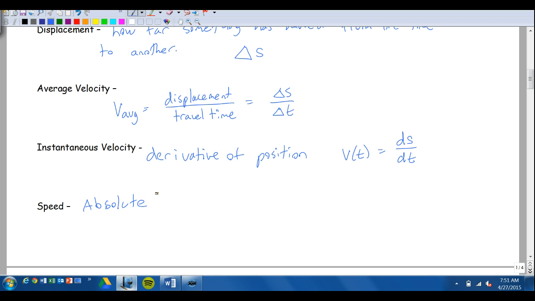So if your velocity is negative 10 miles per hour, you're really going 10 miles per hour just in the backwards direction. So speed is the absolute value of velocity, because you wouldn't say you're going negative 10 miles per hour for speed. That doesn't make sense. The negative for anything like that just deals with the direction with velocity. So it's the absolute value of the velocity.